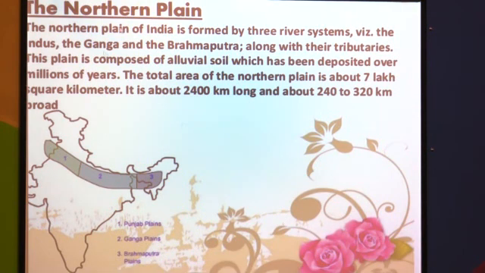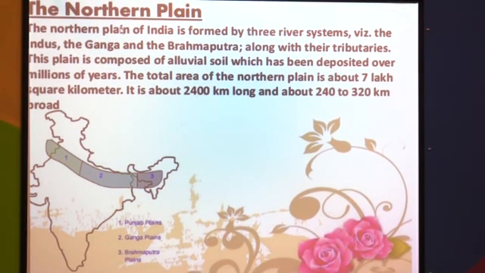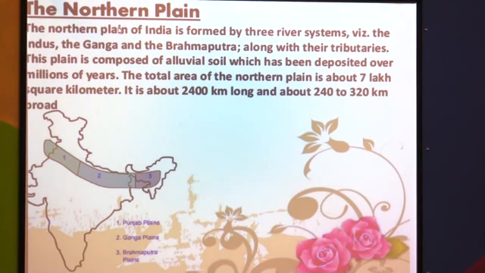This northern plain is totally demarcated by three rivers, Ganga, Indus and Brahmaputra. From west to east, near about 7 lakh square kilometer is spread across this area, about 2400 kilometer long and 240 to 320 kilometer broad.